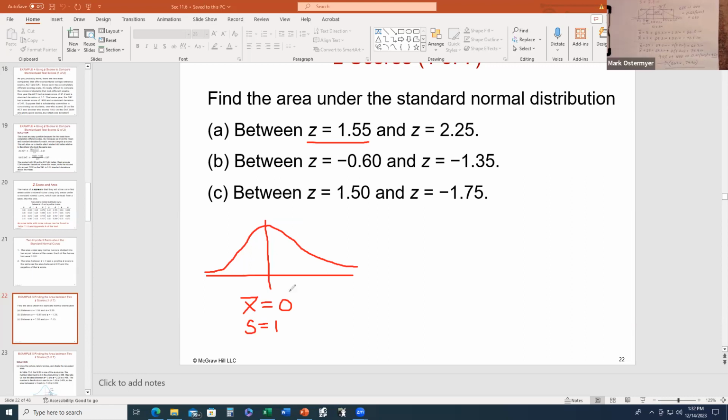Well, 1.55 is greater than 0, correct? So it's going to have to be above here. We'll call that about 1.55. And where's 2.25? Well, that's even further above our mean. 2.25, we'll call it right here.